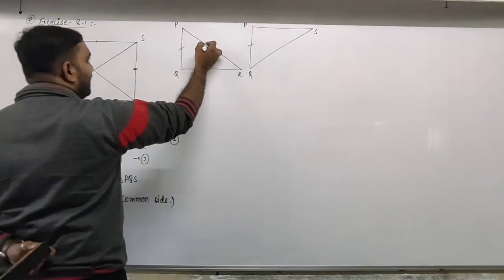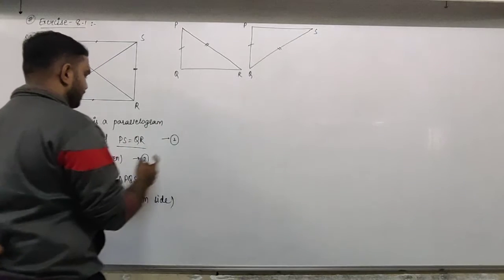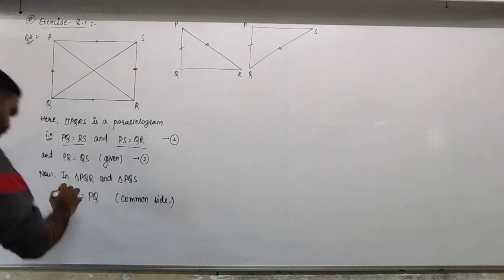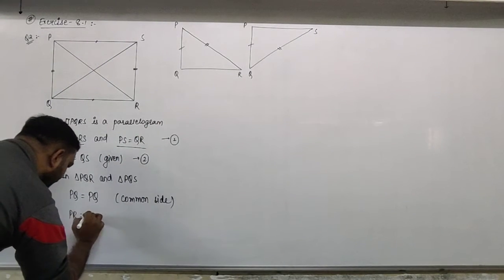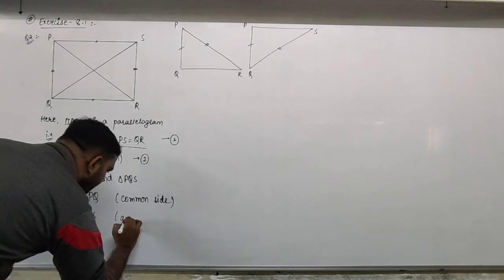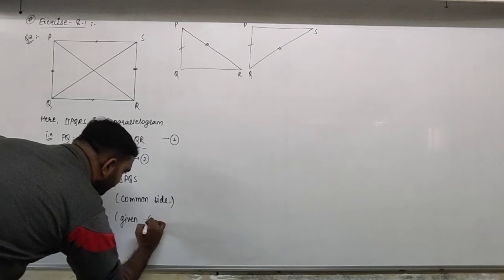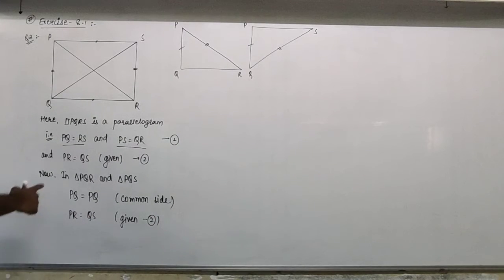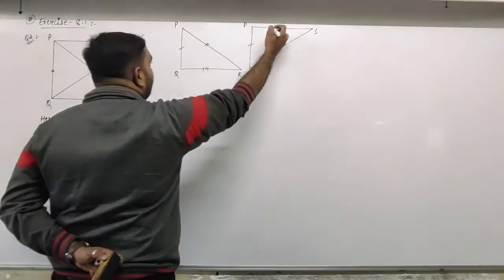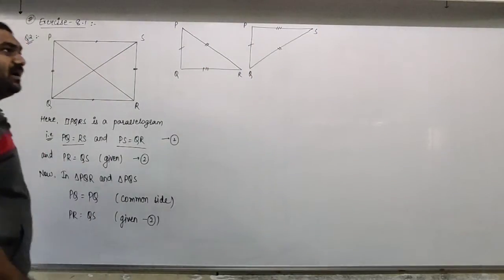Now both the diagonals are equal, which is given in the second point. So PR is equals to QS, given number 2. And what else? PQ equals to PQ, common side, done. PR equals to QS, equal diagonals, done. And QR and PS, opposite sides of a parallelogram are equal.